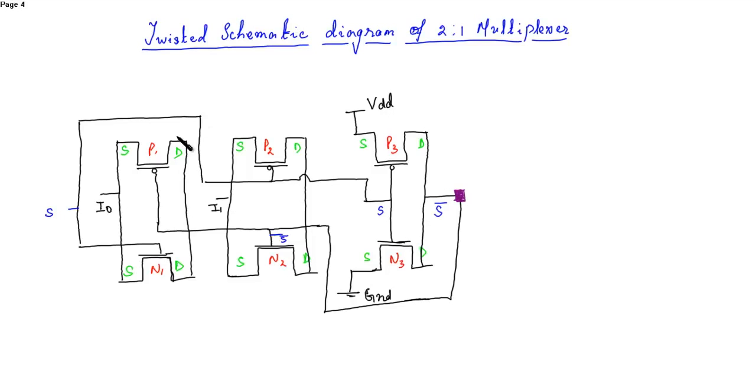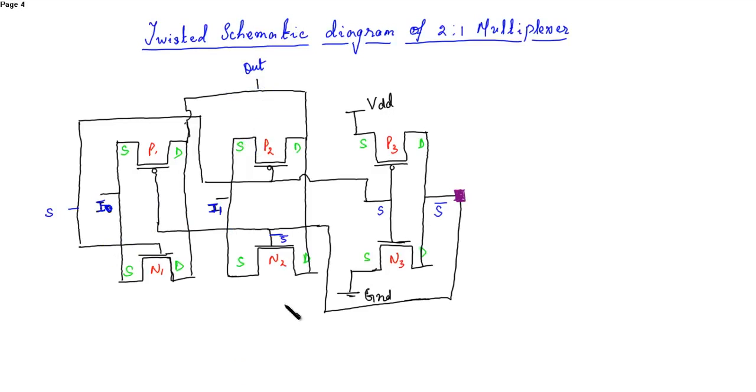Now the drains have to be connected. And this is the final output, out. So this is I0, this is I1, S and out.